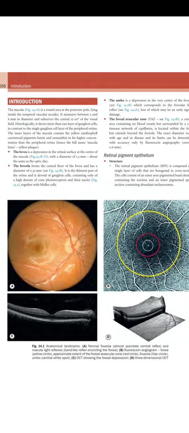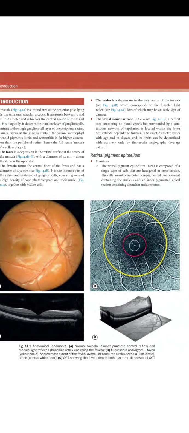The central umbo is the white spot. So this is the fovea, this is the foveal avascular zone, this is the foveola, and this is the umbo, the white central dot.